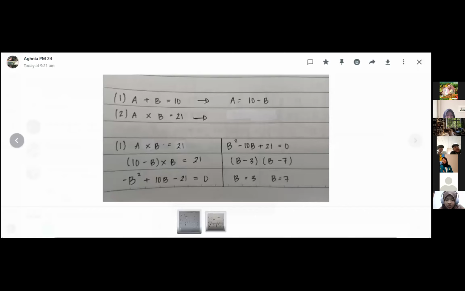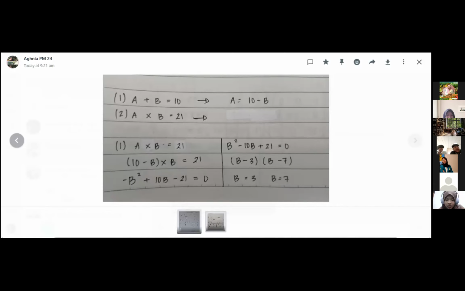We know the two equations: equation 1, a times b equals 10, and equation 2, a plus b equals 10. From equation 1 we express a equals 10 divided by b, and we can substitute a into equation 2.